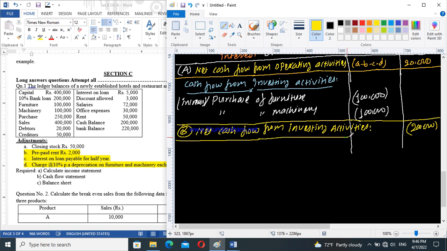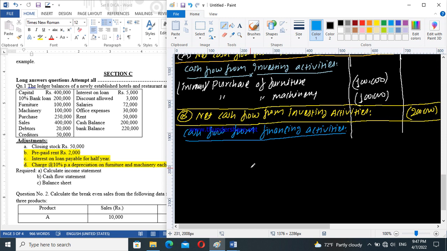cash flow from financing activities. Cash flow from financing activities involve only permanent capital or long-term liabilities. Long-term liabilities and permanent capital only. We have increasing of capital.